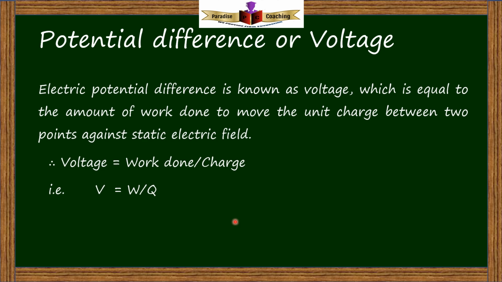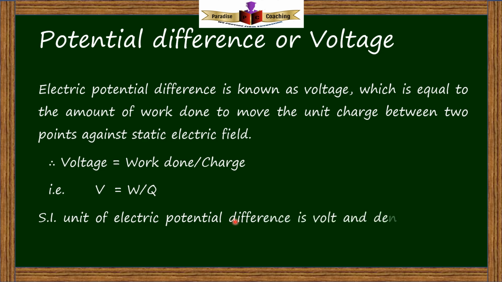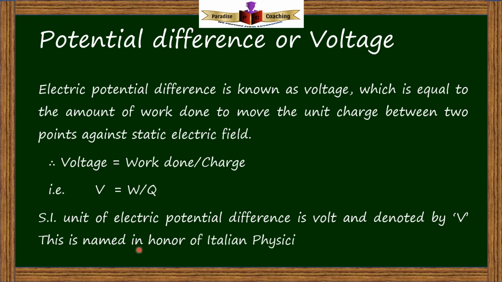W is the work done in joule and Q is the amount of charge that has been moved from one point to another point. If you recall, the unit for measuring the potential difference or voltage is volt, denoted by the letter V. This name comes in honor of the Italian physicist Alessandro Volta.